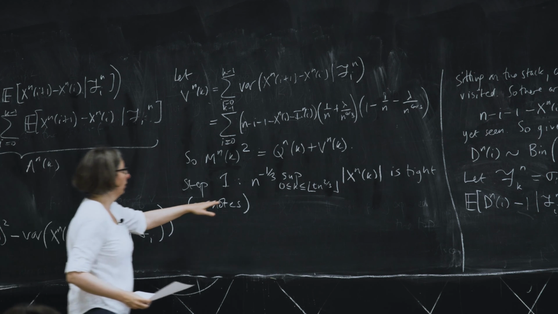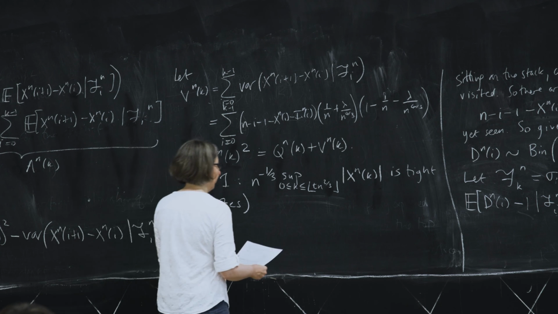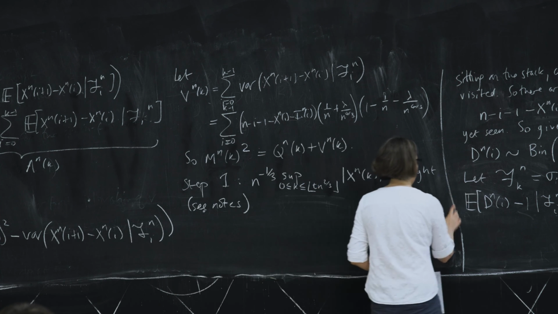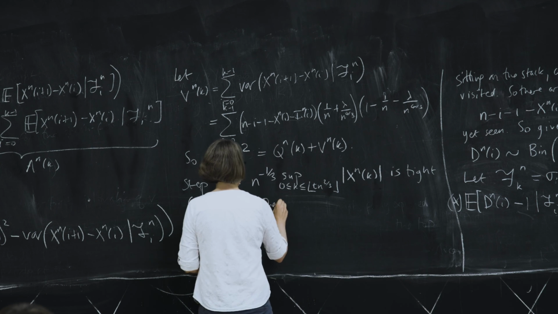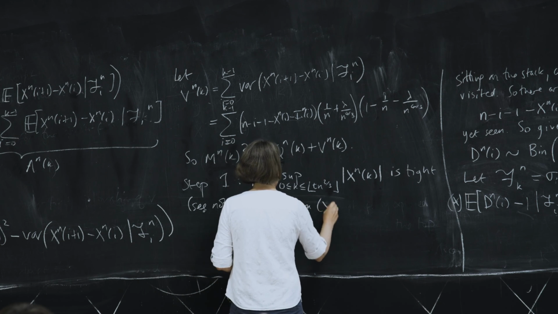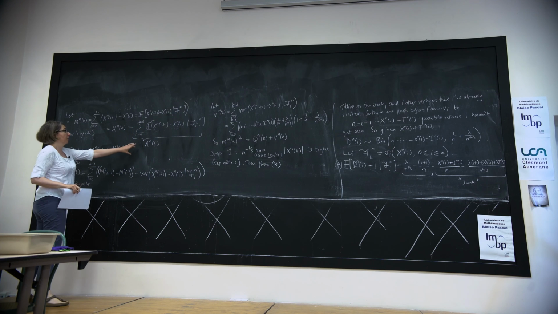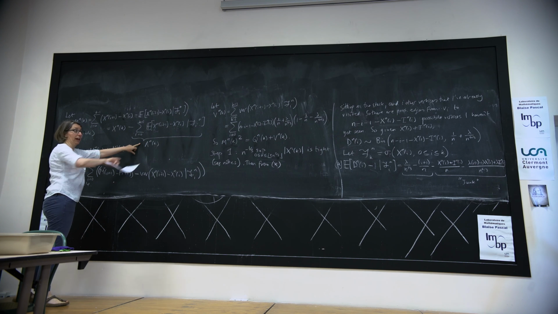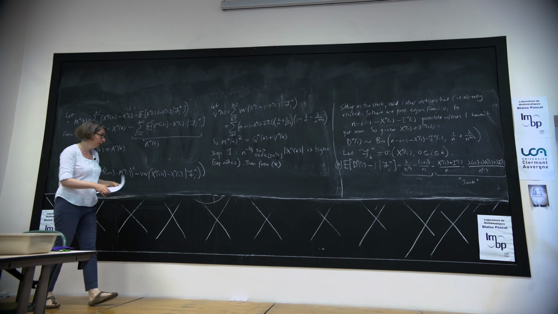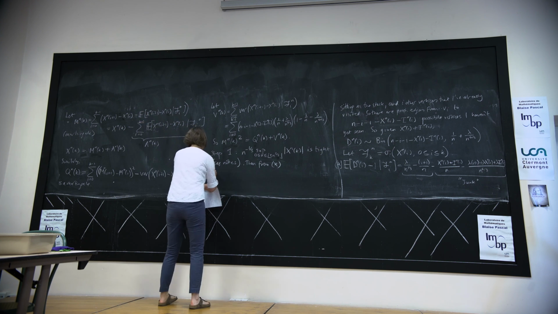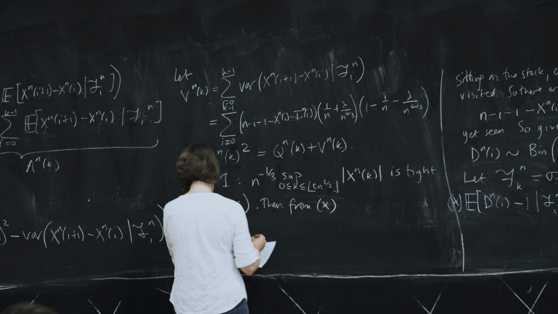Okay, so if we know that, then it becomes relatively straightforward to see, so let's call this star. So then, from star, if I think about this process A here, which is just what I get when I sum that up over n to the 2/3 steps, well, that's giving me something such that the following holds.